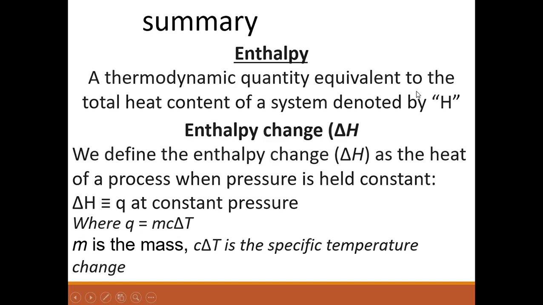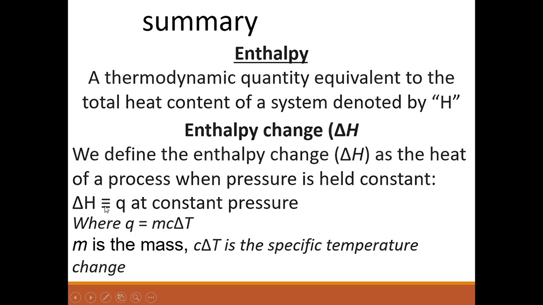So to summarize, enthalpy is a thermodynamic quantity equivalent to the total heat content of a system, denoted by H. And the enthalpy change, which is delta H, is the heat of a process when pressure is held constant.